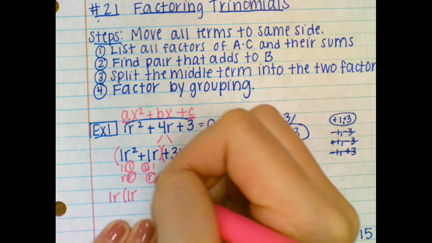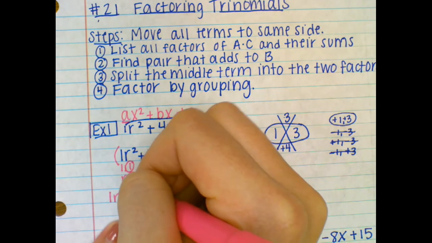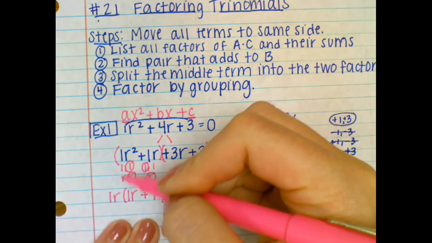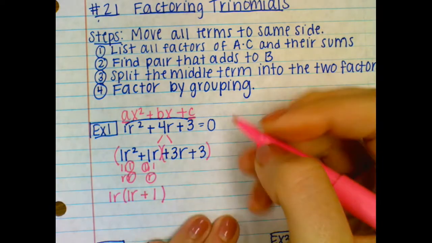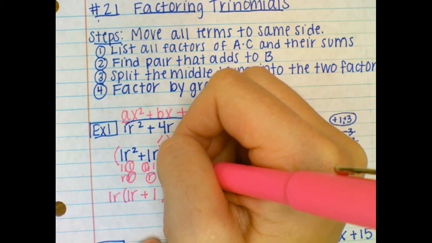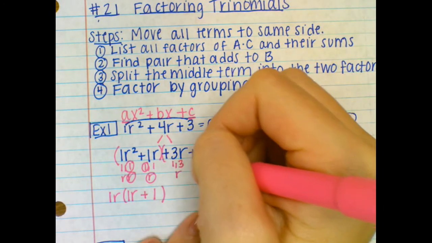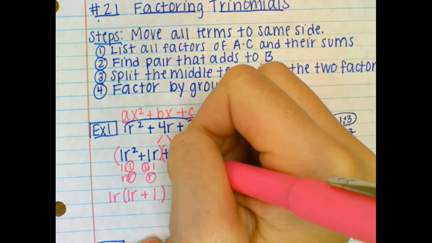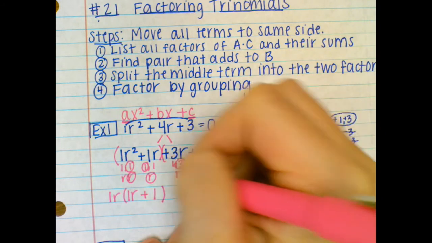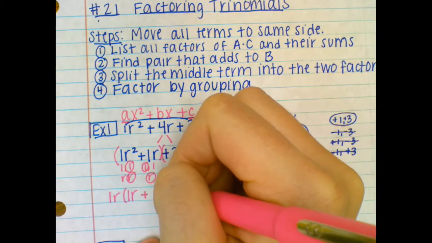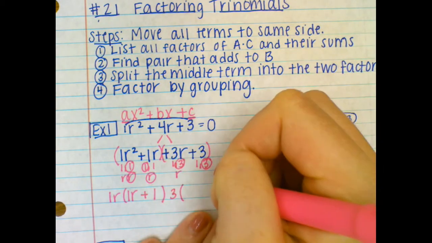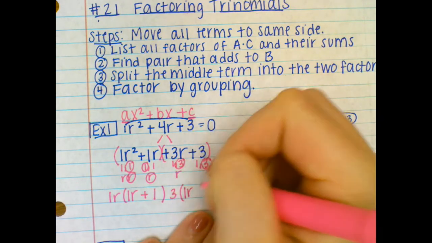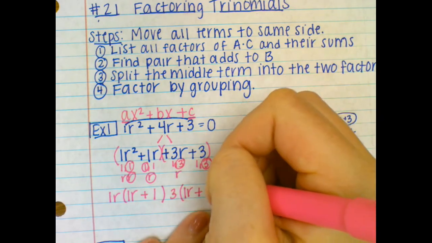So I put my 1r outside, and I look at my stuff, what's left? A 1r is left, and a positive 1 is left. Right? 1r here and just a 1 here. And I'll do it with the 3. 1 and 3, and r, and 1 and 3. So my GCF, my biggest number, is 3, and I don't have letters, so I just have a 3 here, and I fill in what's left, and if I look, 1r is left here, and a 1 is left here.